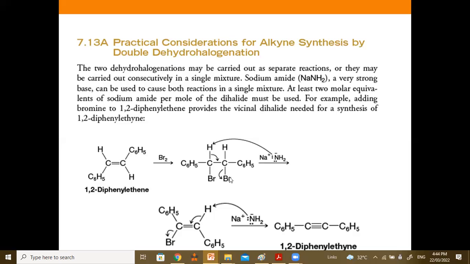Okay, so what you will get is a double bond, and you are left with an alkyl halide. You have a double bond and a bromide and a proton here. So you have another mole of that base, which also abstracts the proton here, leaving the double bond to produce a triple bond, and bromine leaves. When the triple bond is formed, bromine will leave the substrate as Br minus.